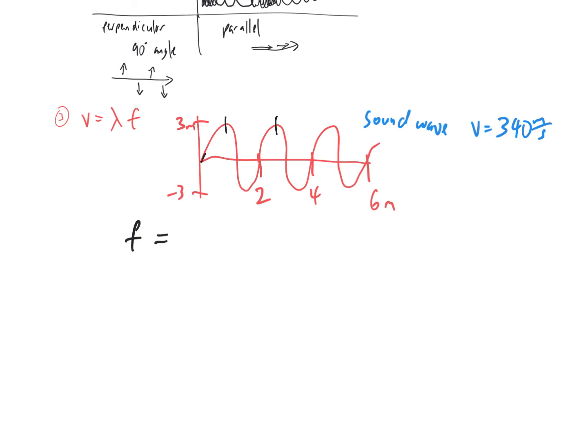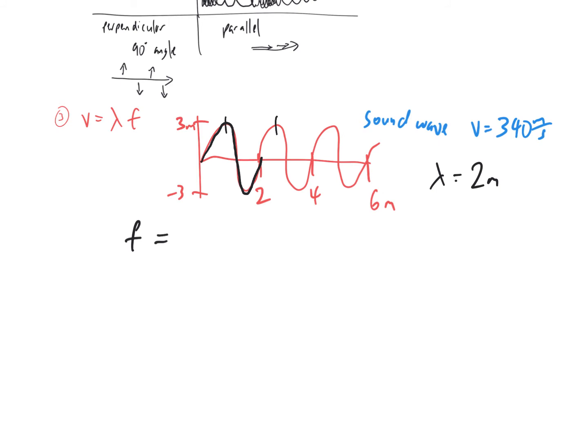In this case, I'm doing one full up and down in 2 meters, not 2 seconds. Excuse me. One full up and down in 2 meters means I have a wavelength of 2 meters.